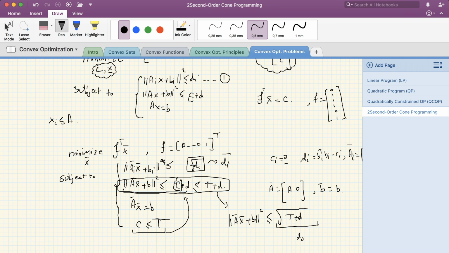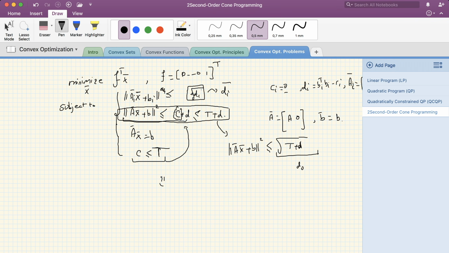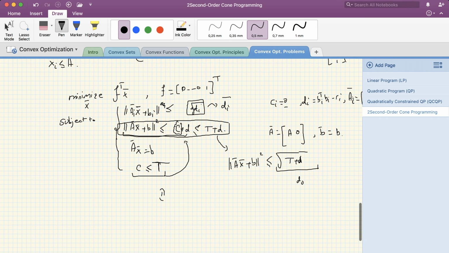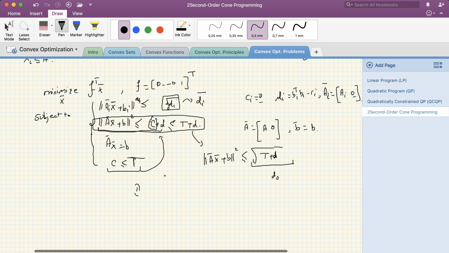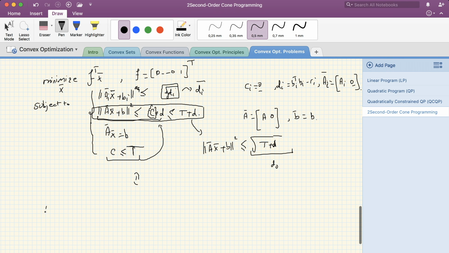So to finalize, I'm going to write the final SOCP problem corresponding to our QCQP. So we'll get a minimization over all our variables, namely x̄, of fᵀx̄, subject to, I'm going to denote those as A0, so that we have one line, right?